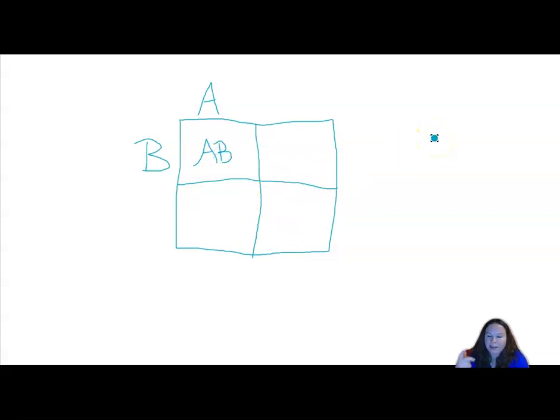So how can we get a kid with A type blood, B, and O type blood? Well, we're going to have to make each parent heterozygous, right? Because now we've got AB here. Oops, we've got B, we've got A, and we've got O.